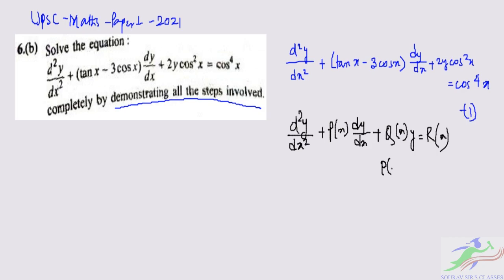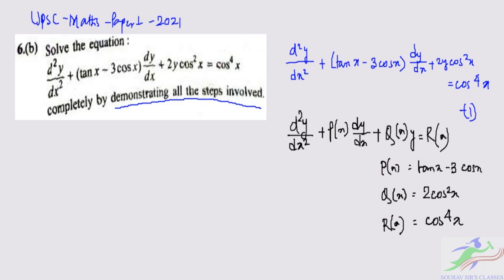Here p(x) is nothing but tan x minus 3 cos x, and q(x) is 2 cos square x, right? And what is r(x)? Sorry, r(x) is also there. So r(x) is cos to the power 4x.